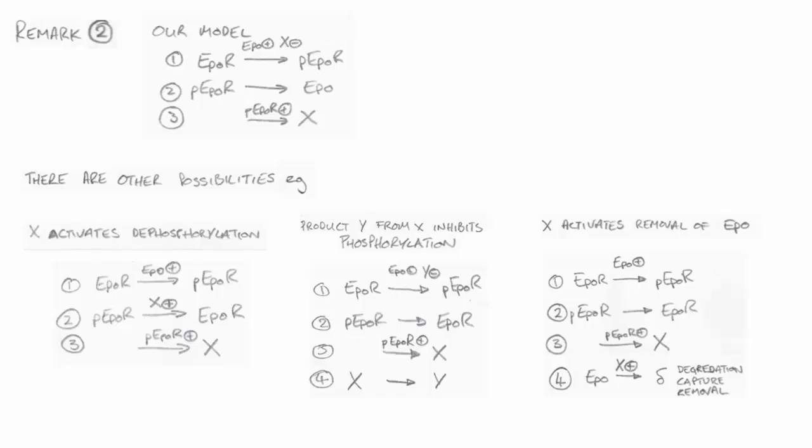So we have process 4 now, where EPO degrades or might be captured, but anyway is removed from the system, and that reaction is activated by the presence of X. And if you look at the Wikipedia page at least, it suggests that EPO binds to red blood cells, so after the signalling cascade you expect new red blood cells, and they would bind EPO and therefore balance the system in this way. So that could be one way you might look at it.